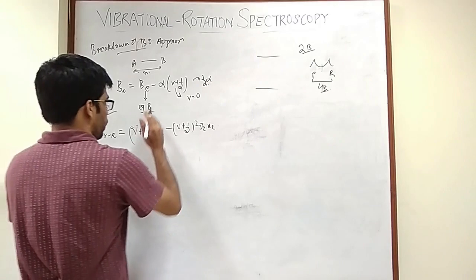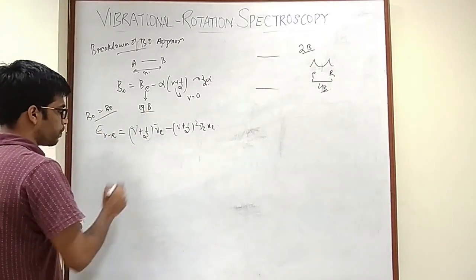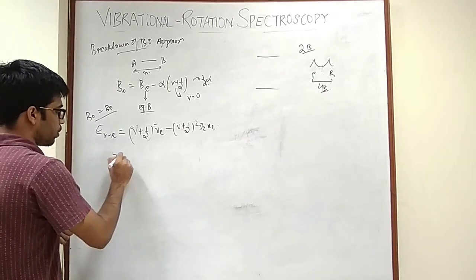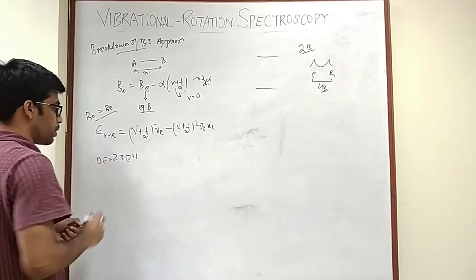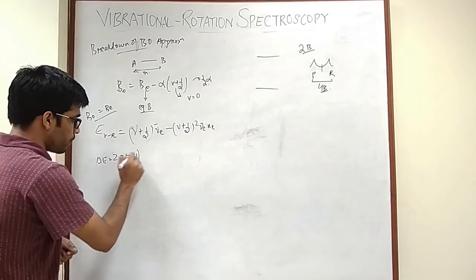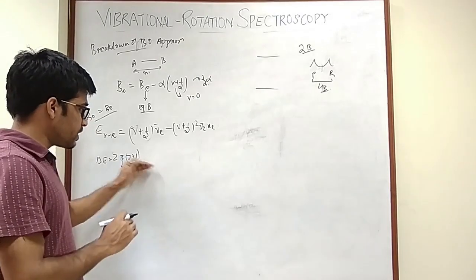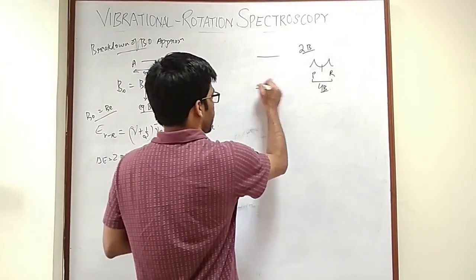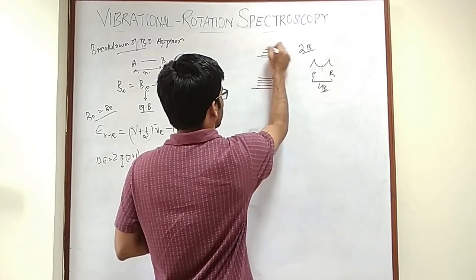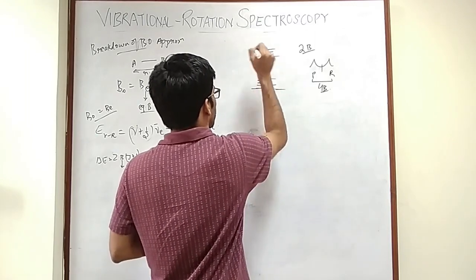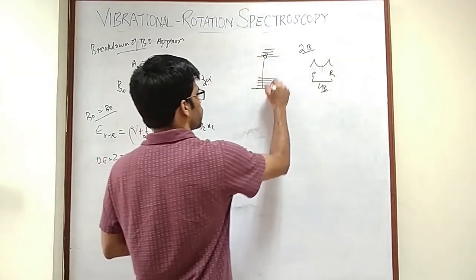But for the rotation part, now you cannot simply write delta E is 2B(J plus 1). That is not going to be true. Why? Because B is not the same in both the states. What do I mean by that? Let's say these are the energy levels. When it does a transition to here, the B here is different from the B here. Let's say this is B0, this is B1.